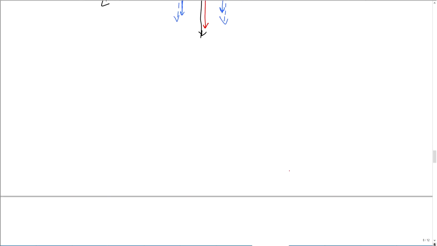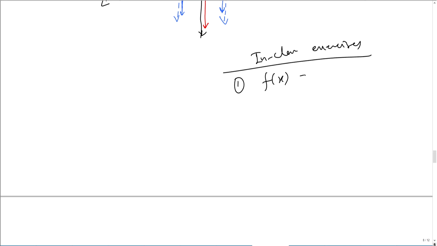I can give you some more in-class exercises that you can try at home. First, draw the graph of x cube, find its inverse, and draw the graph of its inverse as well.